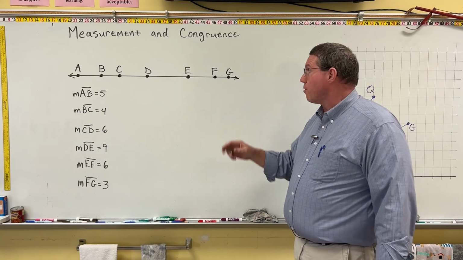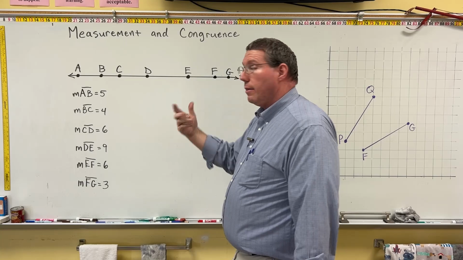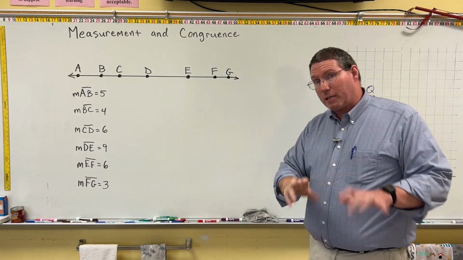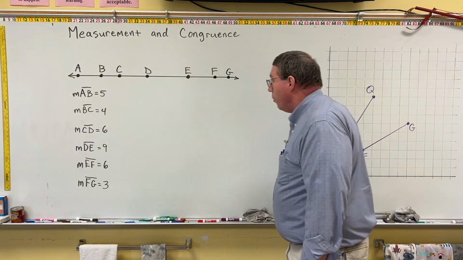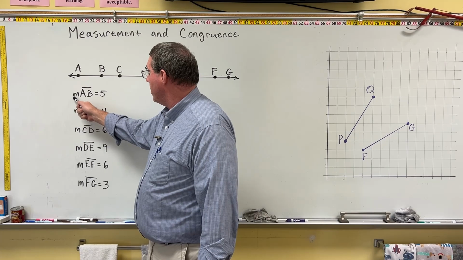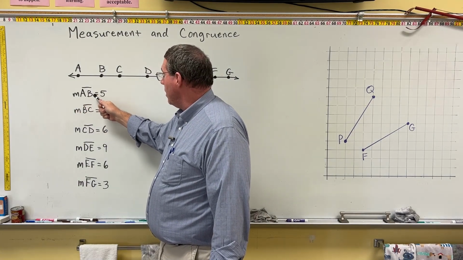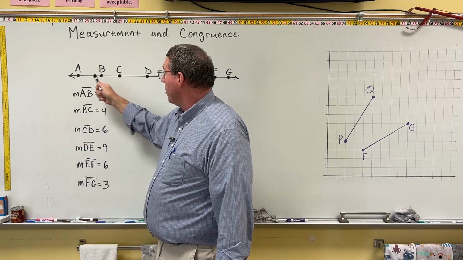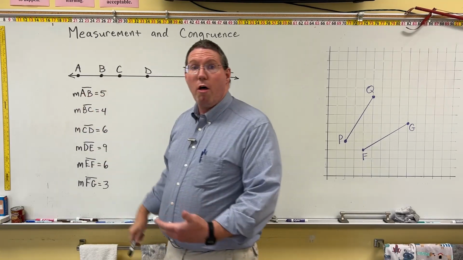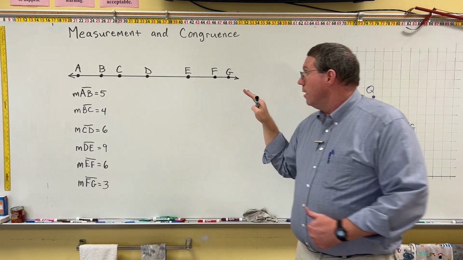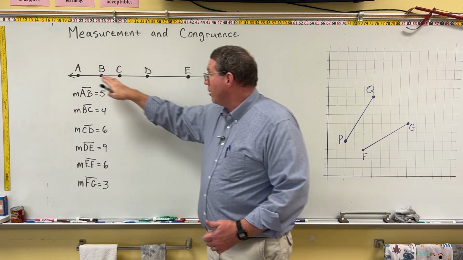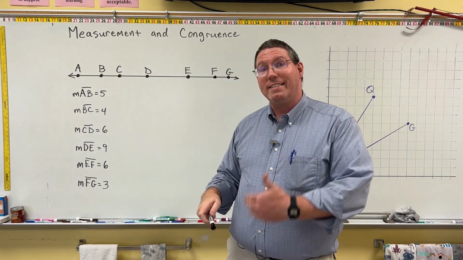What we've looked at so far with lines and line segments and rays, especially line segments, we see this letter M, and this says the measure of line segment AB is 5. So from here to here is 5. Now, in measuring between 2 points, we call that distance.